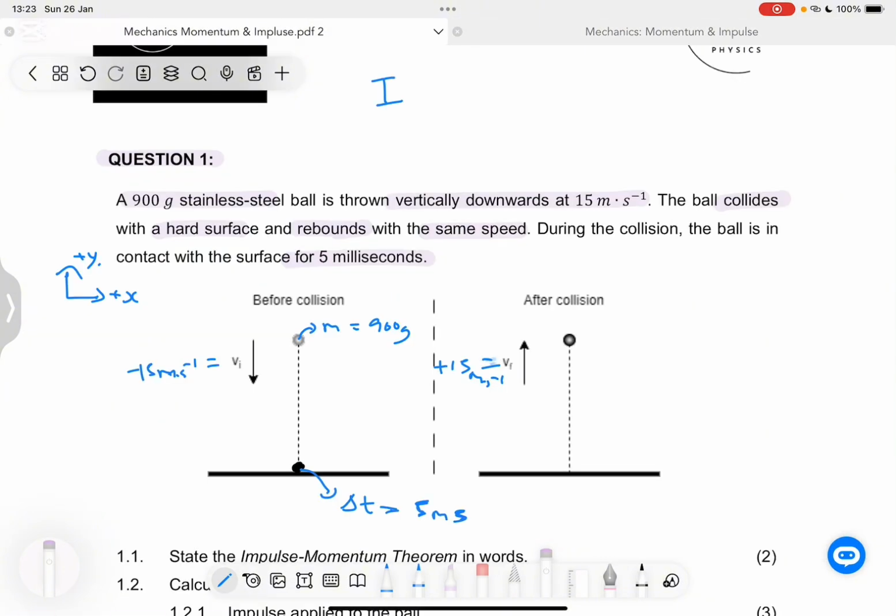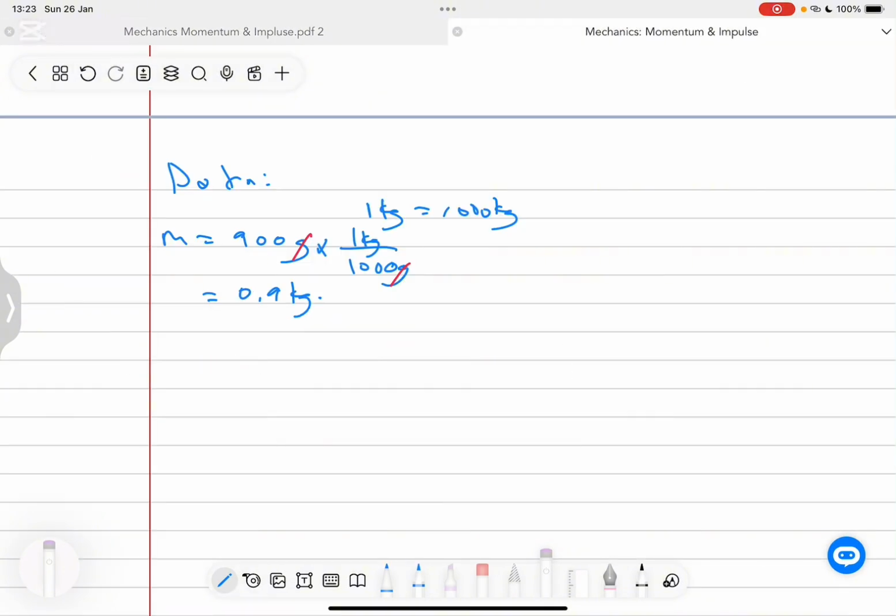Now the other thing that I'm going to note down is my initial velocity. I have an initial velocity of negative 15 meters per second. Then I have the same magnitude of the velocity, which is 15 meters per second, but now it's positive because it goes upwards. Remember, we are reporting this as a velocity.